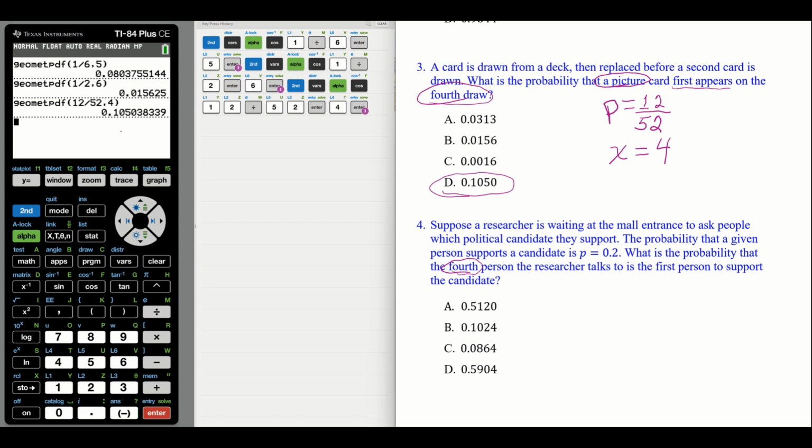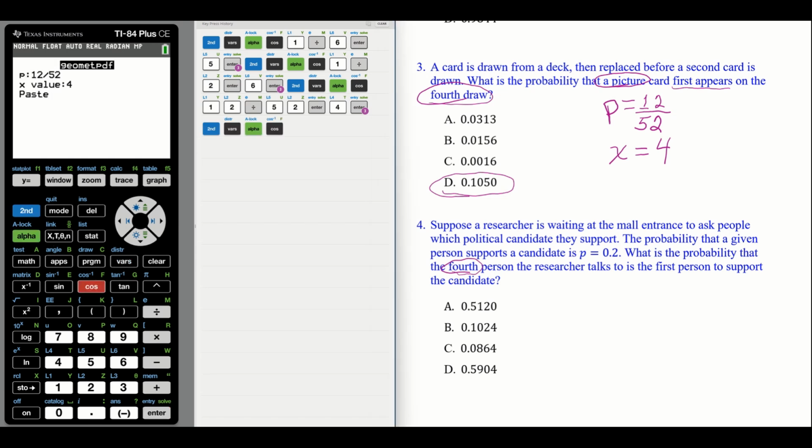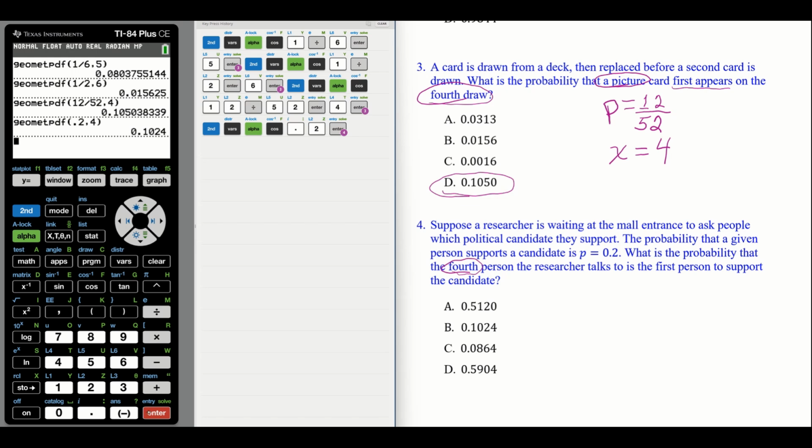Or the first known person to declare that they support the candidate, I suppose. So second vars alpha cosine, and that probability is 0.2. Enter. And again, it's the 4th person. Enter. Enter. Excellent. That was even. It's a good probability.